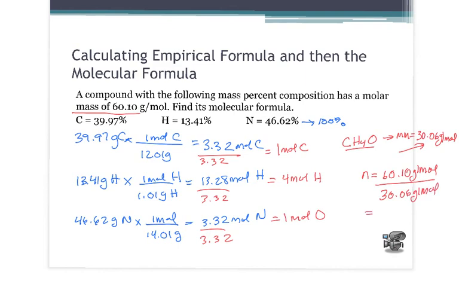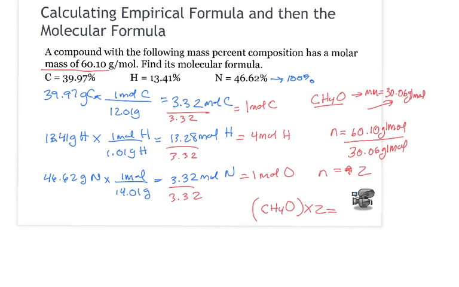So our n is 2. Therefore, we have to take CH4O and multiply that by a factor of 2. And this gives us C2H8O2. And this is our molecular formula.